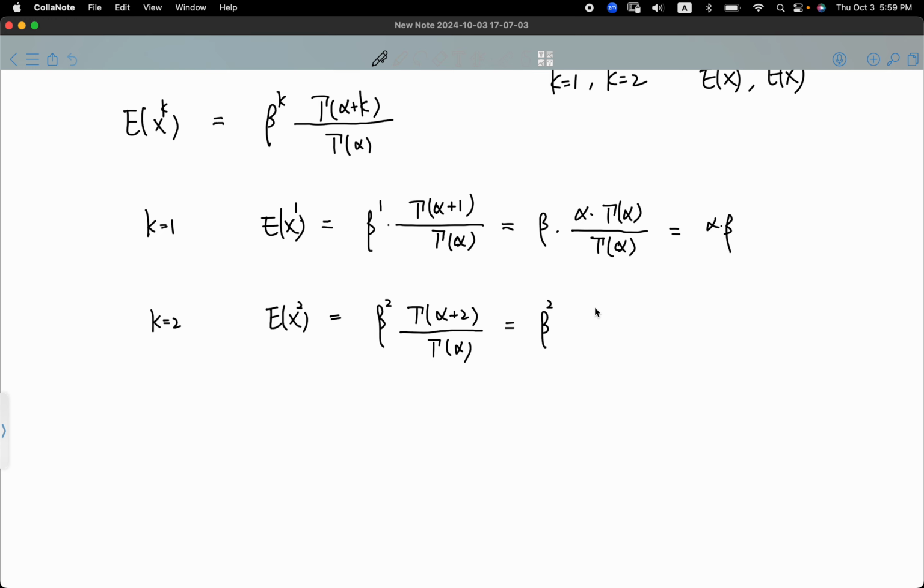We will have one copy of alpha plus 1 multiplied by gamma of alpha plus 1 over gamma of alpha. Sorry, this should not be alpha, this should be alpha plus 1.